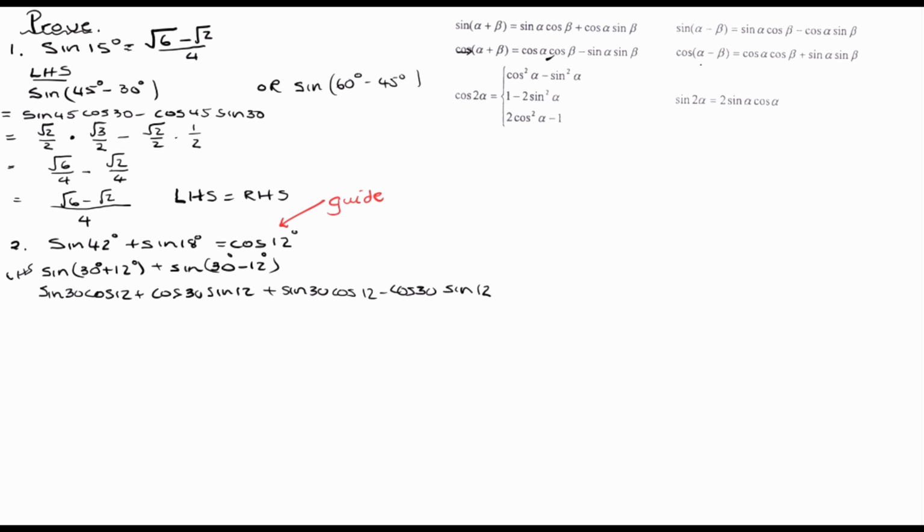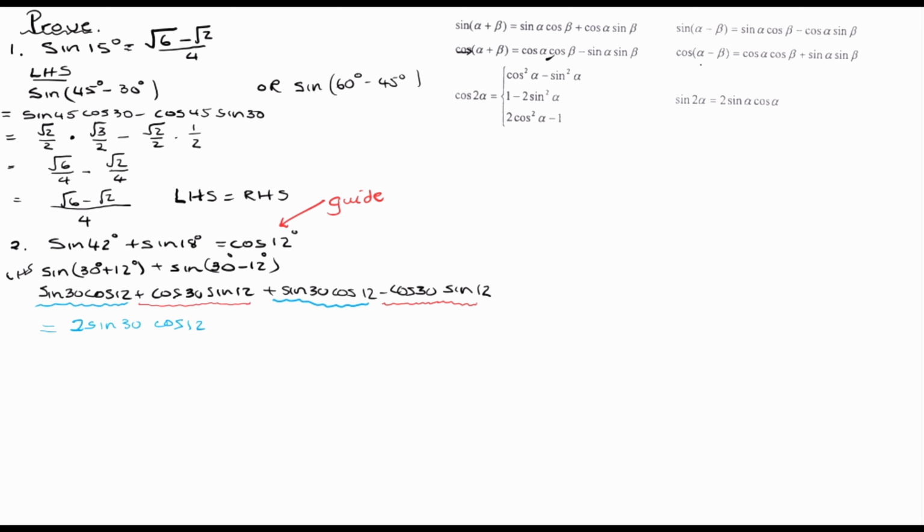Right, when you have these, you will normally find one that has a minus and another with the plus, the same fractions, and you're going to add those together and get 0. So all you're going to be left with is sine 30 cos 12 plus sine 30 cos 12, which is 2 sine 30 cos 12.